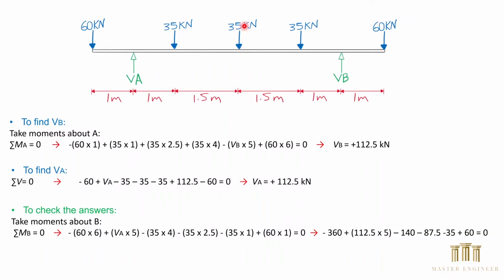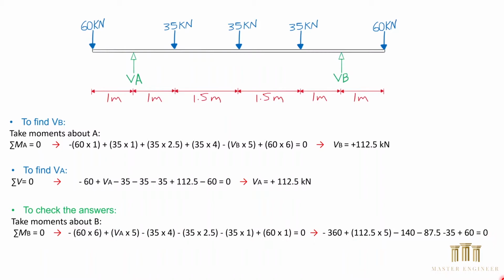Again, 35 kilonewton acting anti-clockwise, multiplied by 2.5. Negative 35 kilonewton acting anti-clockwise, multiplied by 1 meter. Then we have 60 kilonewton acting clockwise, multiplied by 1 meter, equals 0. We put the value of VA here, 112.5. If we plug all these values into the calculator, it should give us 0.